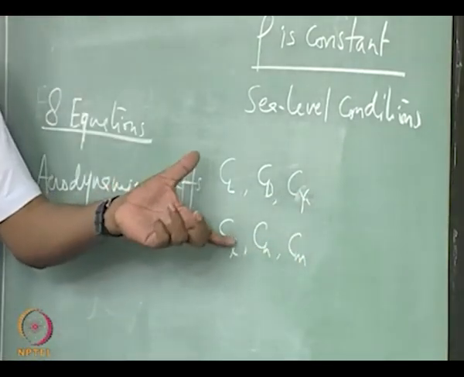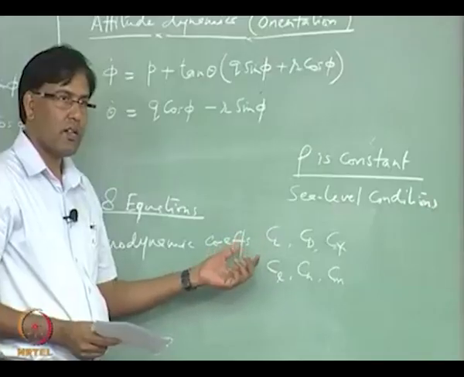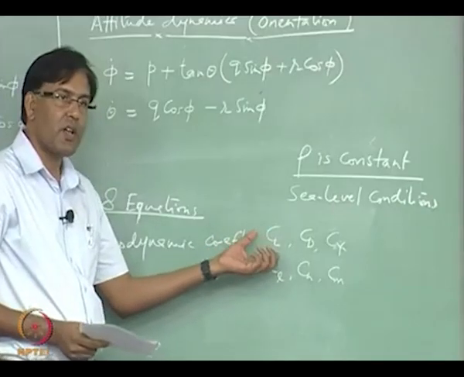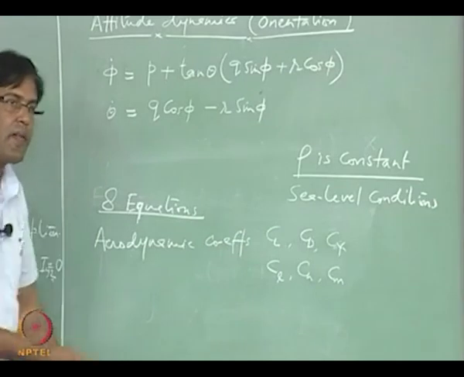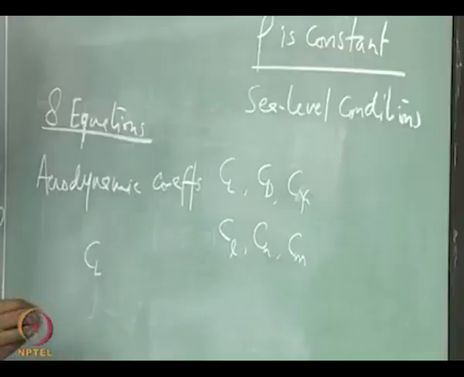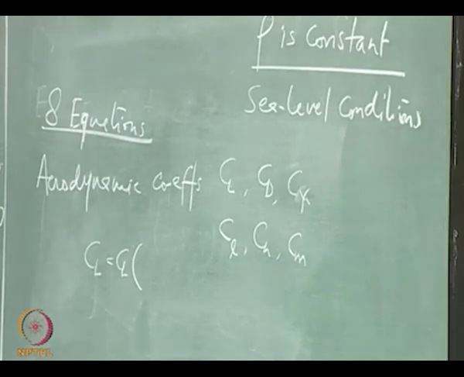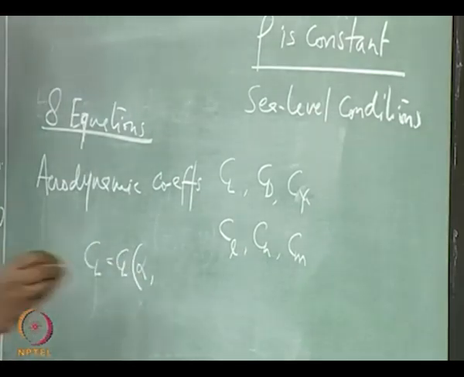Are these linear? What are these coefficients going to depend upon? C_L is a function of alpha and Reynolds number, which is related to Mach number.